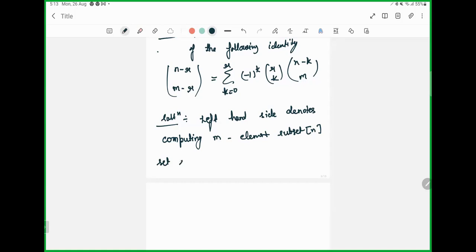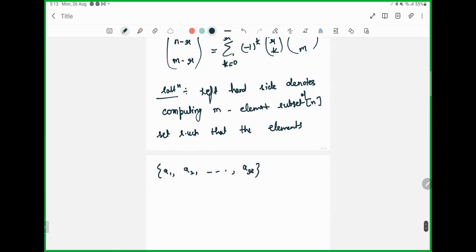The left side denotes computing m element subsets of an n set such that the elements a1, a2, and so on are already there in the subset.